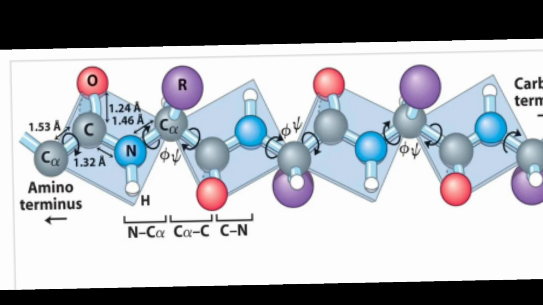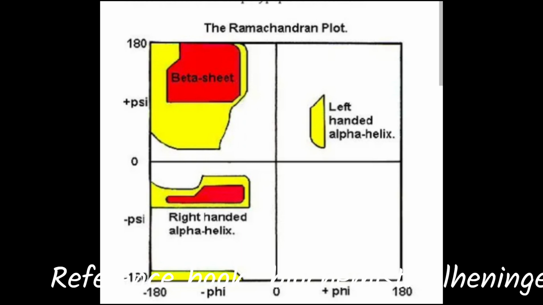So we know there are four quadrants in the plot: quadrant 1, quadrant 2, quadrant 3 and quadrant 4. In quadrant 1, we can find the left-handed alpha helix. Quadrant 2 is the biggest region in the whole graph.